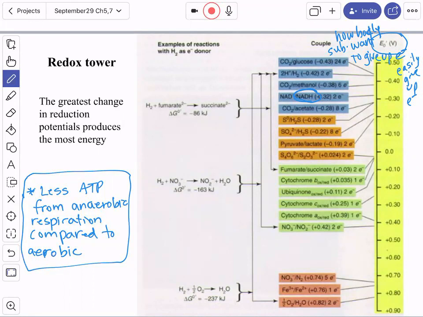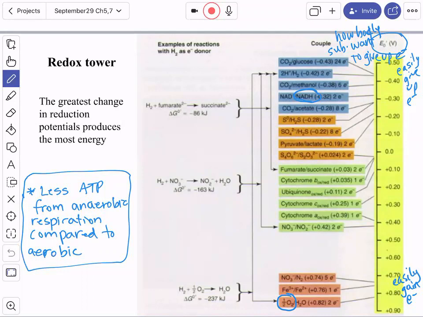These pairs down here, so here we see oxygen, have a more net positive E naught prime, so they very easily gain or steal electrons. They want to take them from other molecules rather than give those electrons up.